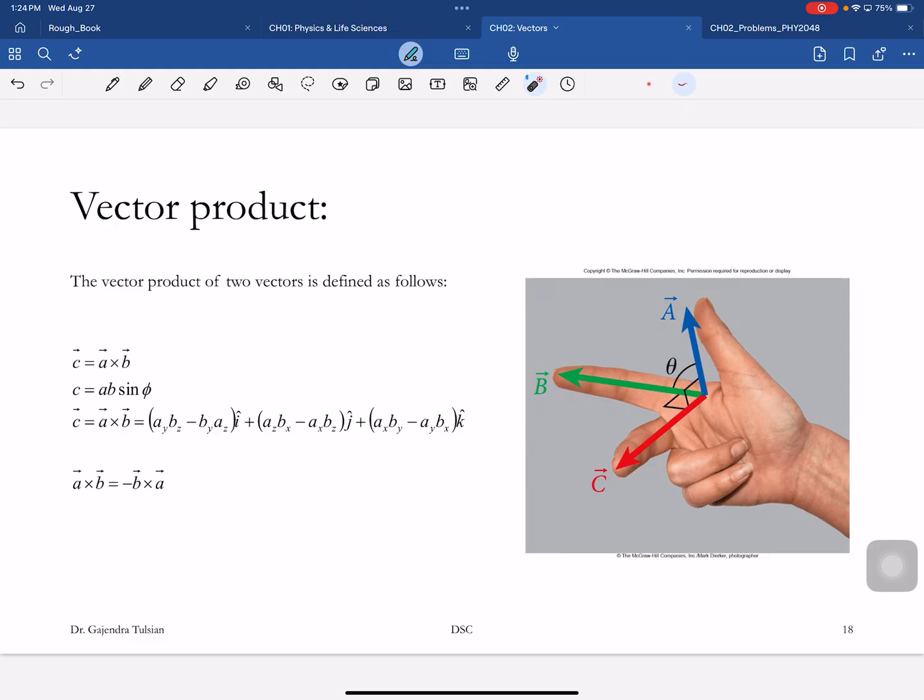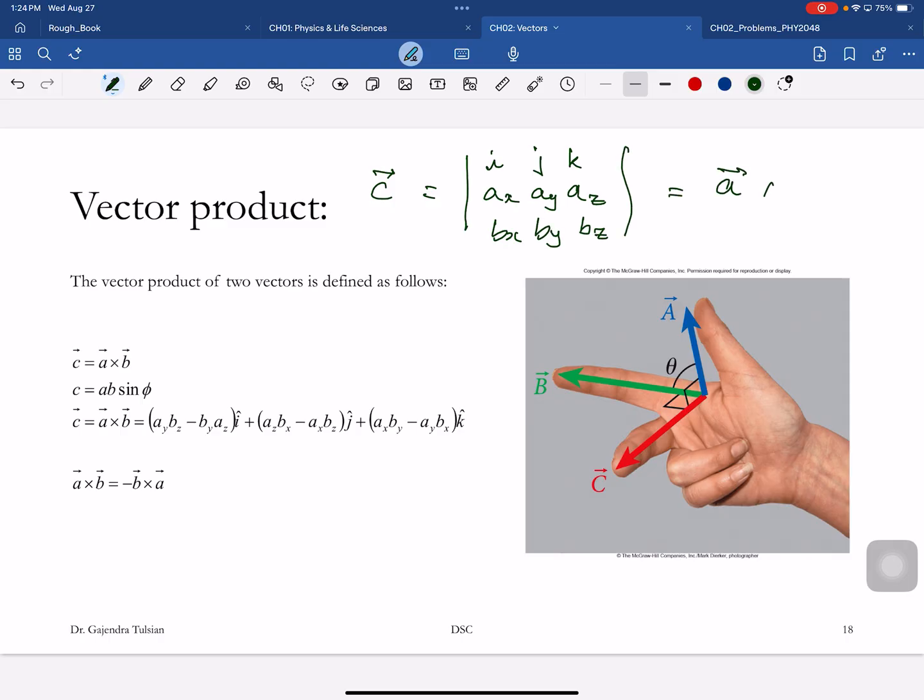And here's C. We're just giving you the definition of C. If you have done determinants, it's that. It's this determinant, and you have to expand the determinant in terms of that.